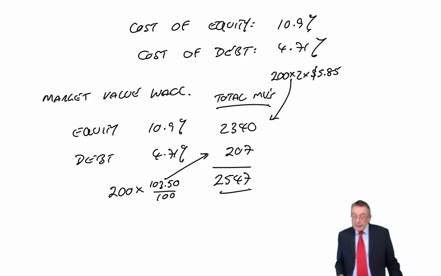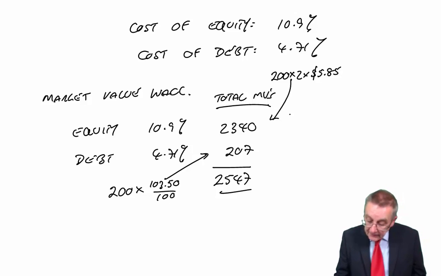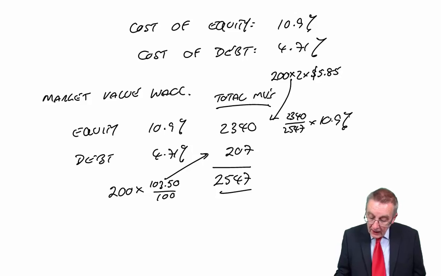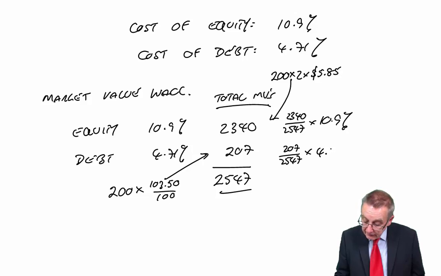And so the weighted average equity is 2340 out of 2547 times 10.9%. Debt, 207 over 2547, that proportion of 4.71%.